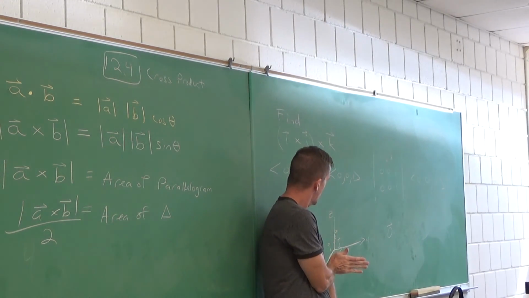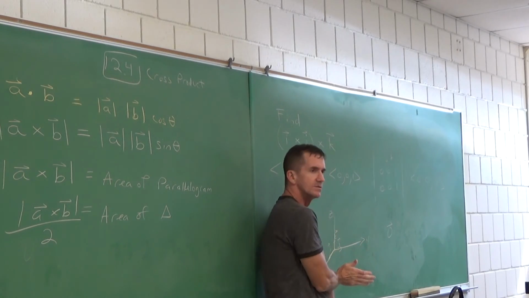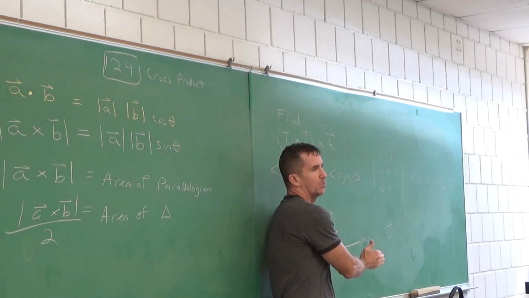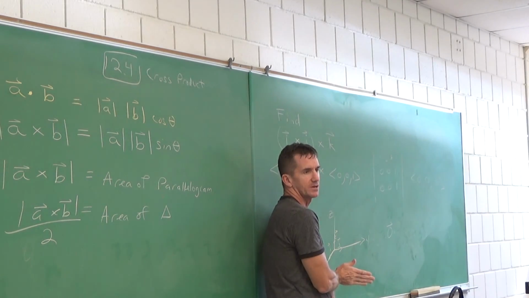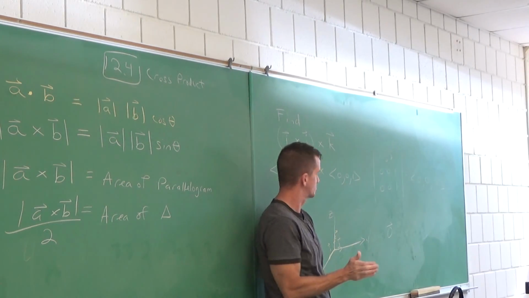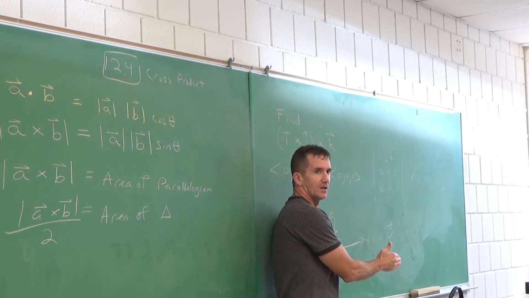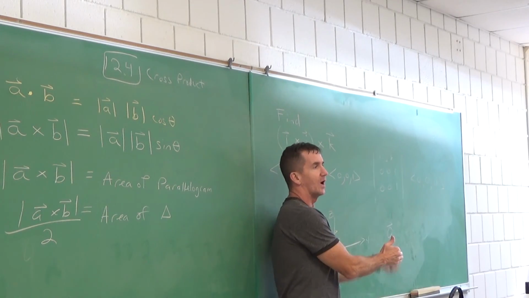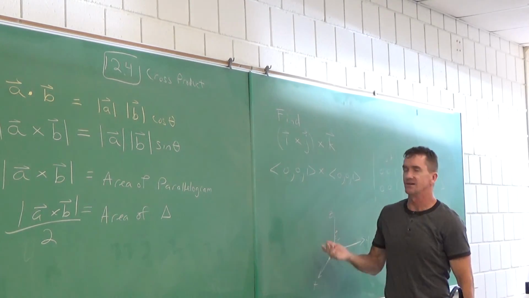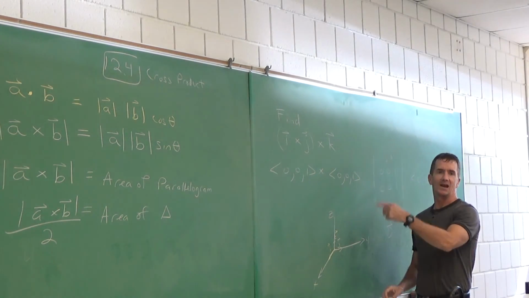Here's vector I, and I'm going to curl towards J. Whatever way my thumb's pointing is the direction of the cross product. So I'm starting with the tips of my fingers on vector I, and I'm curling towards J. Which way is my thumb going? Up. So I cross J is going up. But you might have had a fast way to do this.